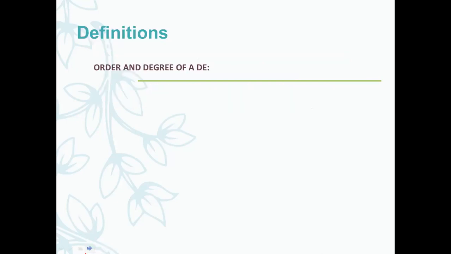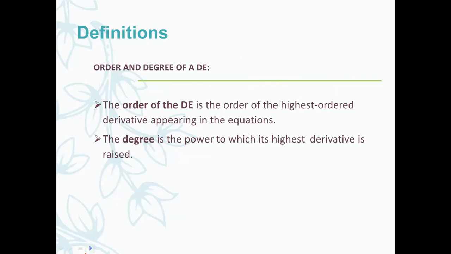Now, in terms of the order and the degree of the DE, let's look at this. The order of the DE is the order of the highest order derivative appearing in the equation. You have to look for the highest order derivative in your equation. Whatever that order is, that is also the order of your DE. On the other hand, the degree of the DE depends on the highest order derivative in your DE. You have to check what exponent or power it is raised to.